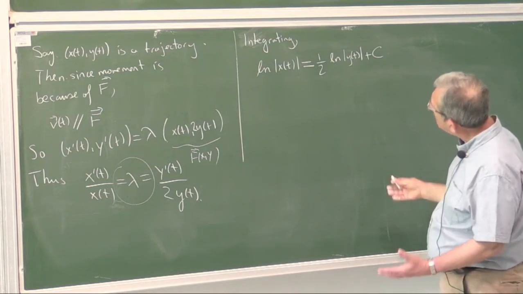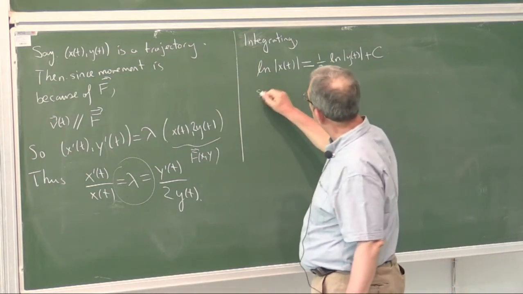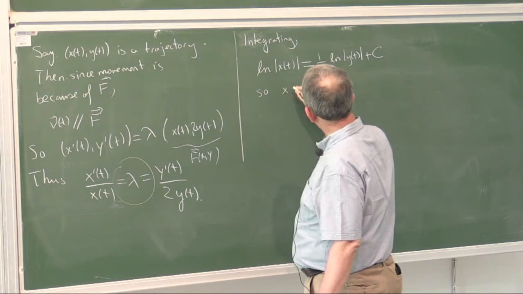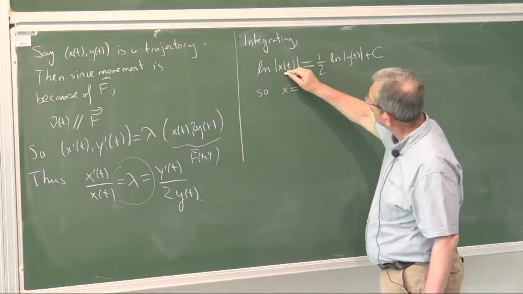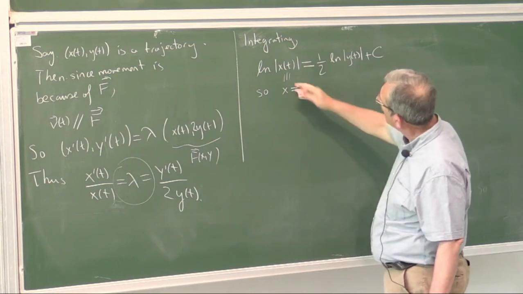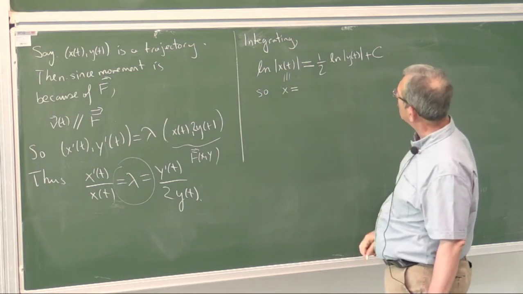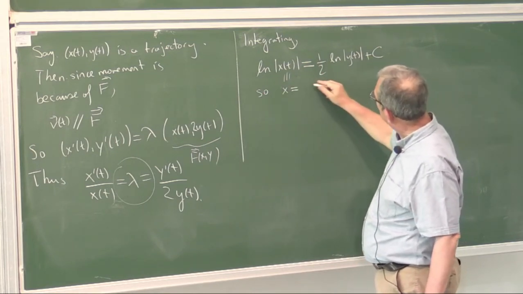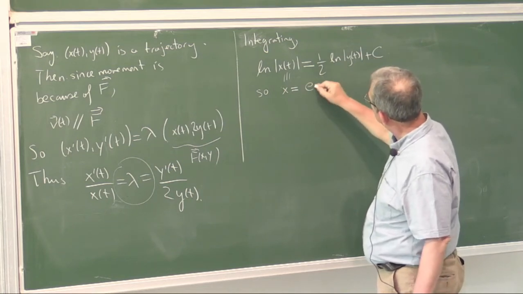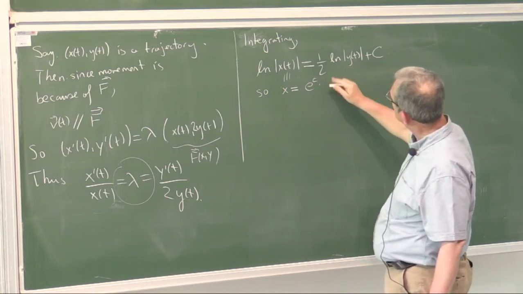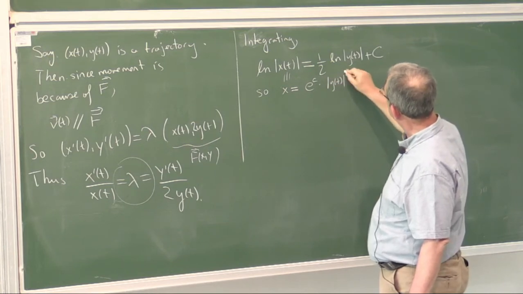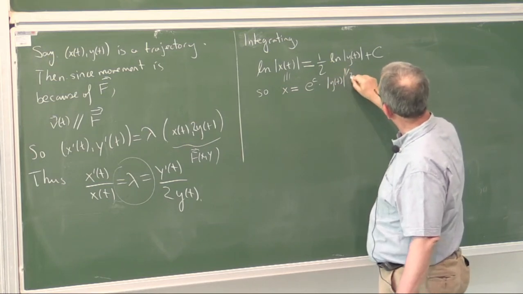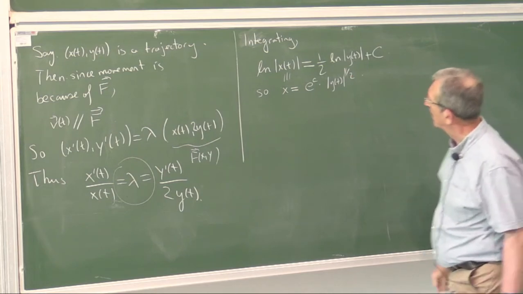Well, this tells us that x must be equal to, at any time t, taking exponentials, e to the c times the square root of y(t).